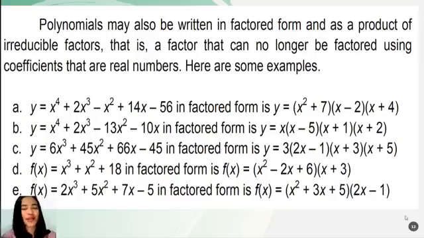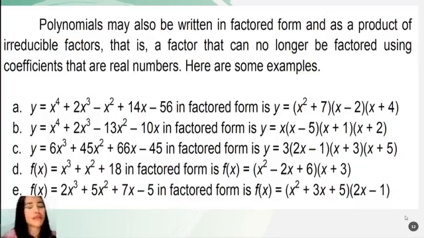Okay, so polynomials may also be written in factored form, as a product of irreducible factors, that is, factors that can no longer be factored using coefficients that are real numbers.